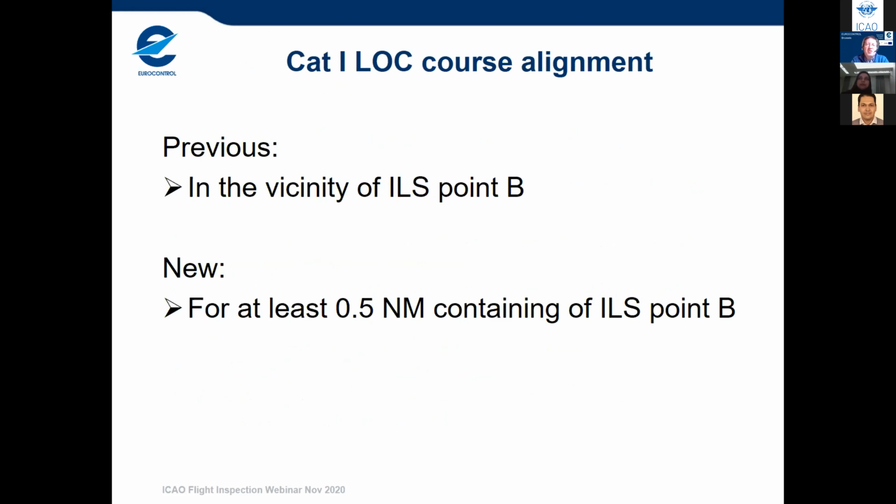A big news item, and also a point that caused quite a lot of debate, is on the course alignment, and it's similar to the measurement of reference datum height on the glide path: it really is much better to measure this as an average over a certain distance. Using an average over a certain distance, you get a much better measurement that actually reflects the real guidance quality of the localizer course alignment.